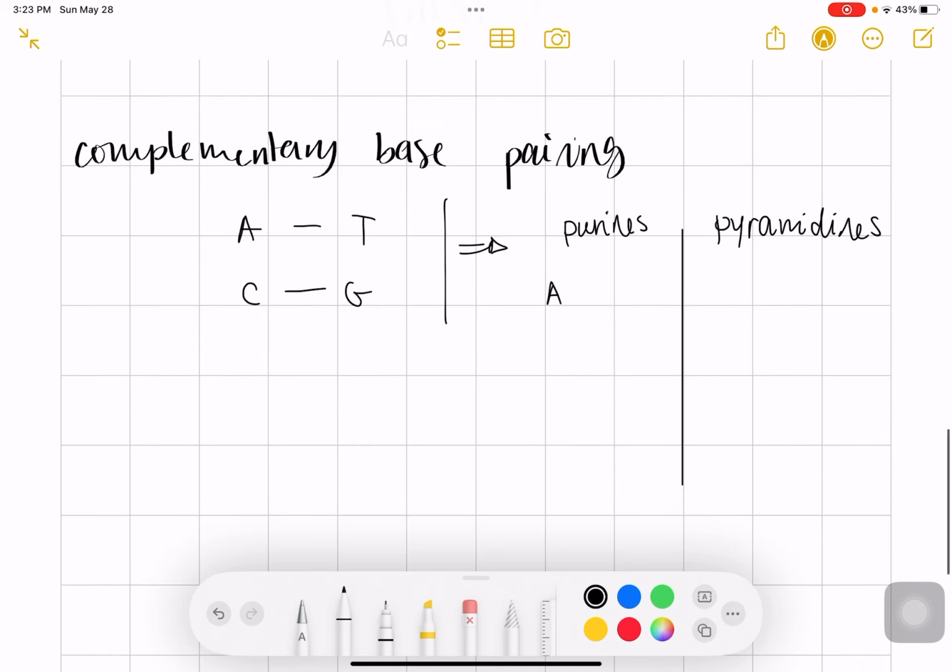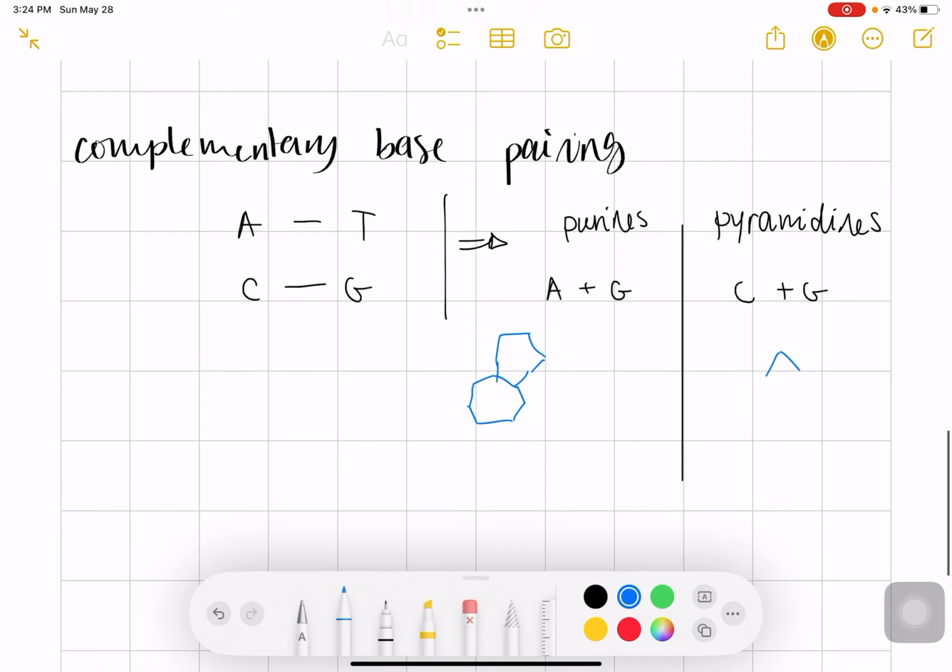Purines are A and G, and pyrimidines are C and T. What differentiates them is that purines are 2-ringed, so they kind of look like this, made up of 2 of these rings.